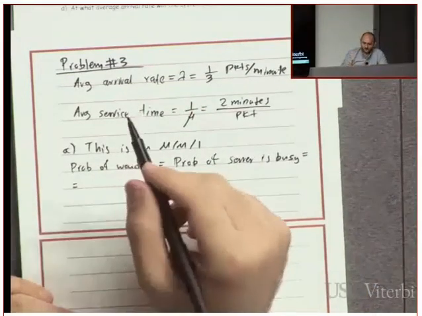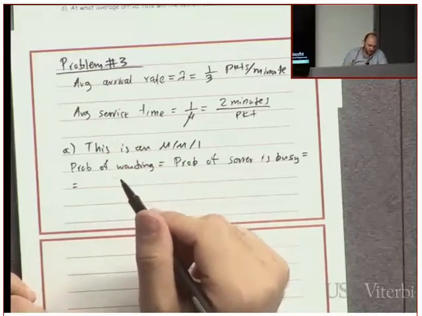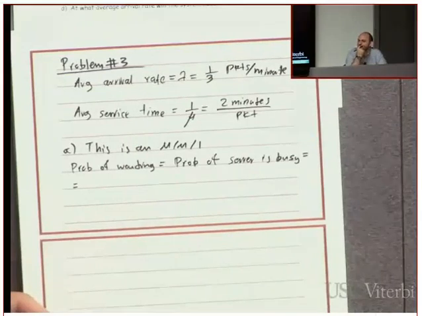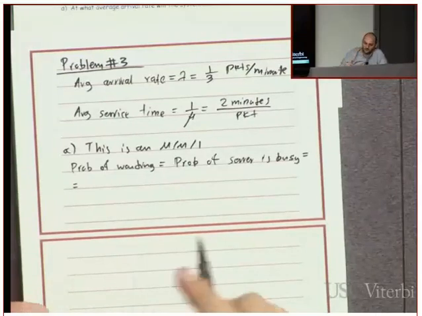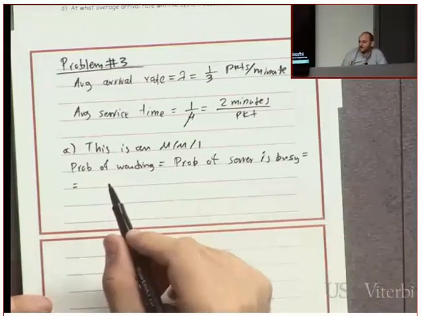Good. It's rho over 1 minus rho, right? Or no? Sounds like a queue length or something else. What is that? Is it the server utilization? Server is busy, right?